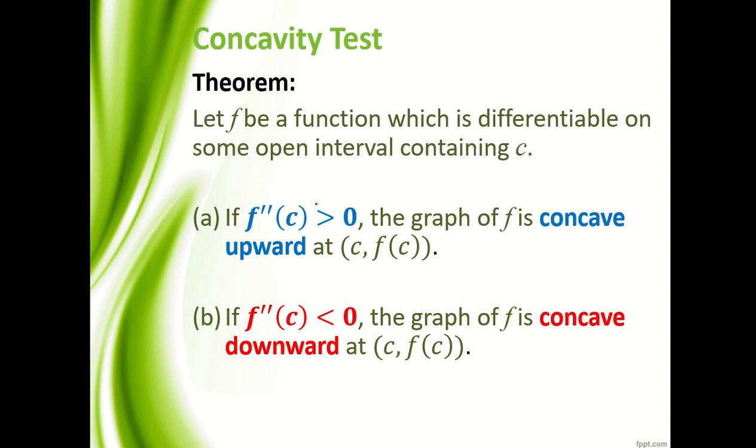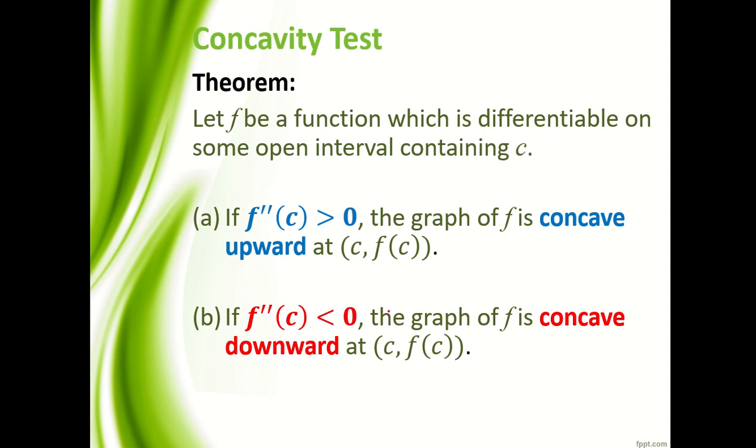and determine if the result is positive, meaning greater than 0. So if it happens that the second derivative of the function at c is greater than 0, then the graph is concave upward. Okay, so if the double prime, or the second derivative, is positive, then we can say that the function is concave upward.